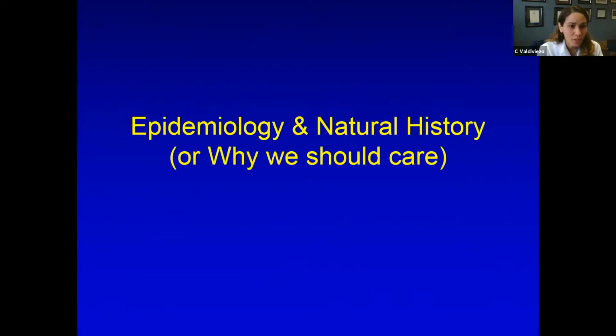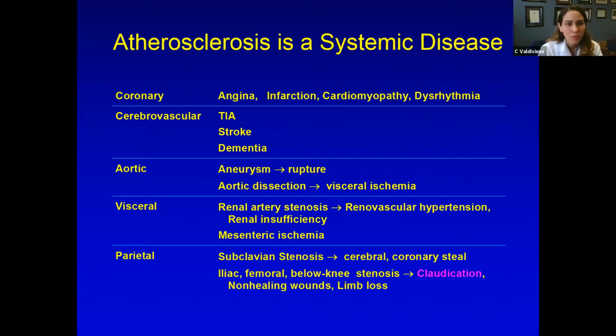Let's review the epidemiology and natural history, and also why this is really important for us to know more about. As you all know, atherosclerosis is a systemic disease and can affect multiple vascular beds, including, of course, the coronary arteries, and will manifest by angina, infarction, cardiomyopathy, or arrhythmias.